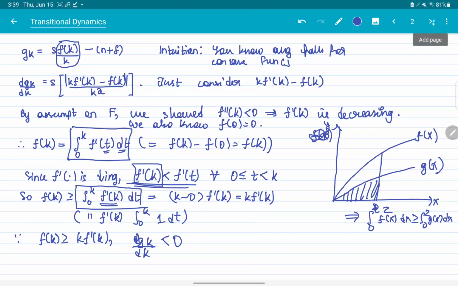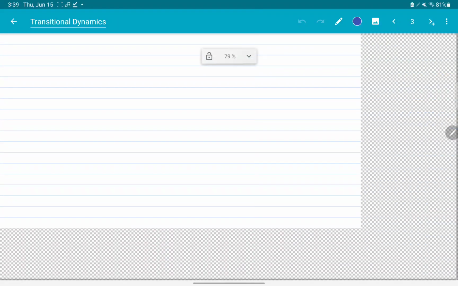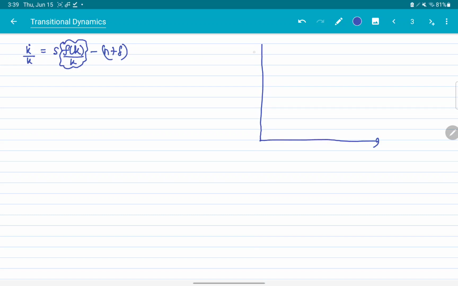And again, if you look at this, which is what we had originally, this whole thing is convex and downward sloping, and this is something we just showed. So this component looks like this, and this component looks like this.